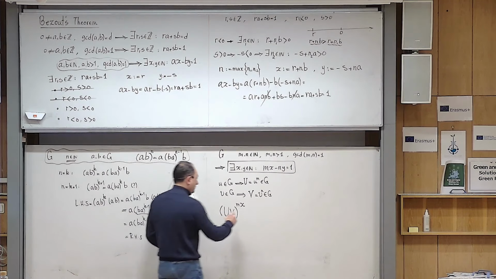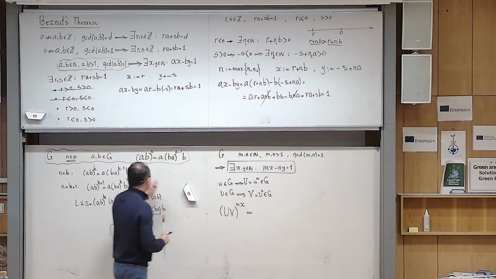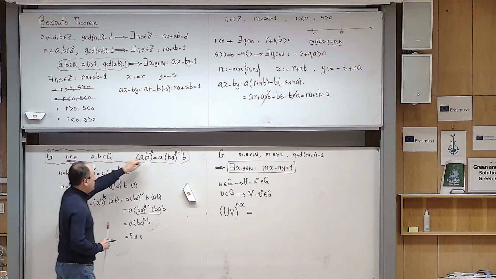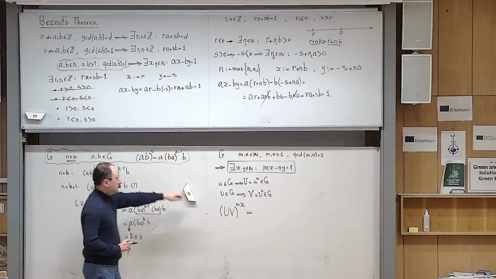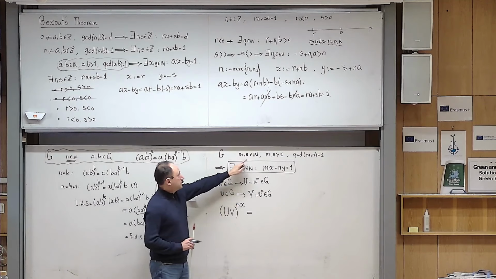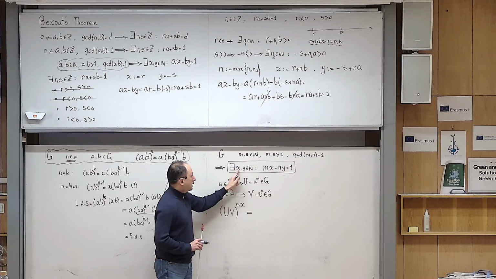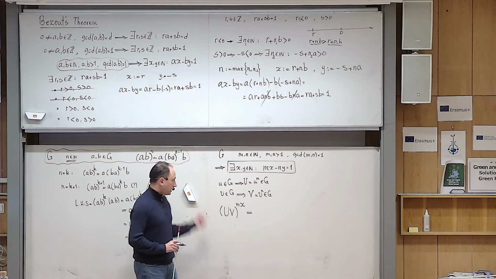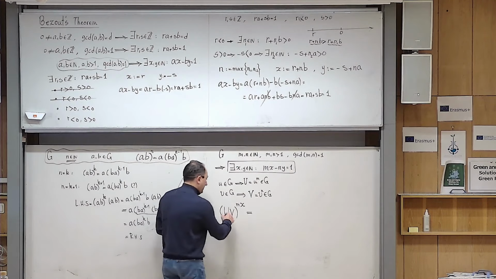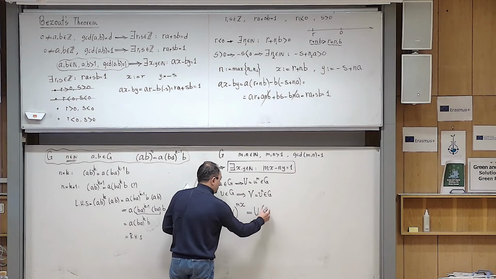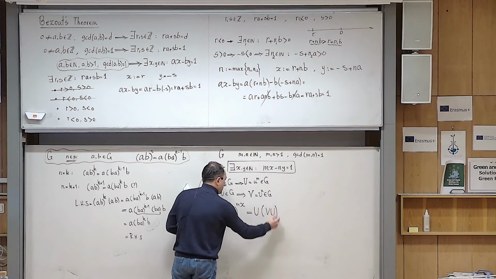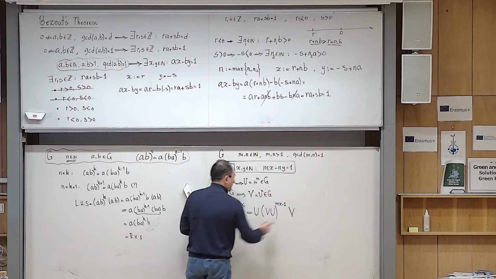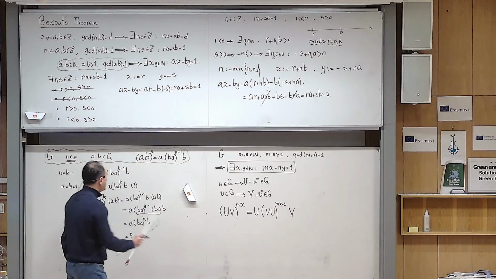Okay, so how can I do that? I want to use this theorem, which is valid in any group if the exponent involved is a natural number. And it is here, because m was a natural number from the beginning. x, according to this version, is a natural number, so the product is a natural number. So I can safely use this theorem, and I can write it as U, V U to the power of 1 unit less, multiplied by V. So what I did, I used this rule here.